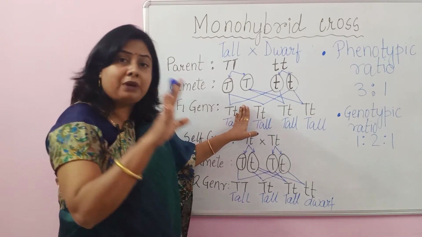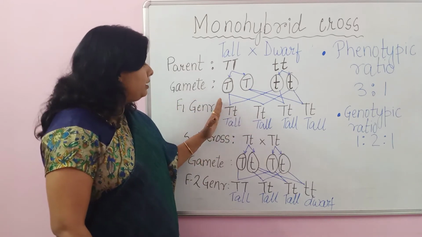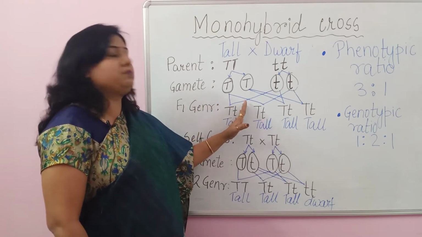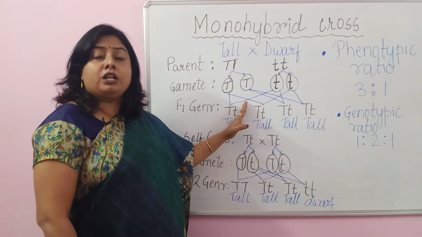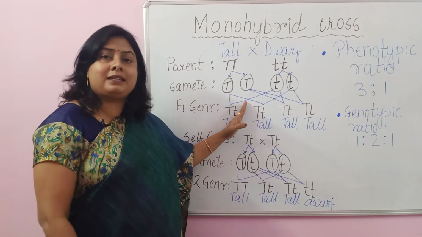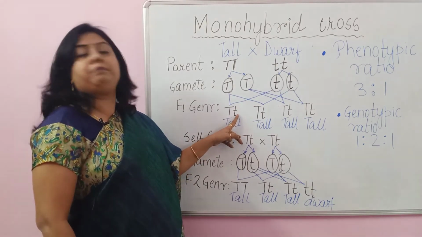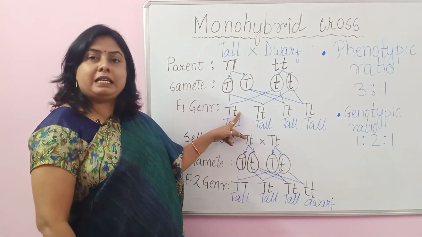It has suppressed the effect of small t. So he called the capital T allele dominant over small t. So a dominant allele is one which expresses itself even in the presence of another type of allele for the same character.